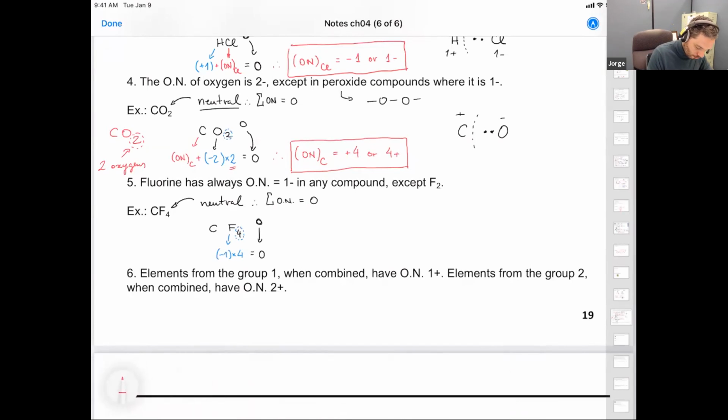And the goal is to determine the oxidation number for carbon. So therefore, the only possibility for the oxidation number of the carbon is +4 or 4 plus.